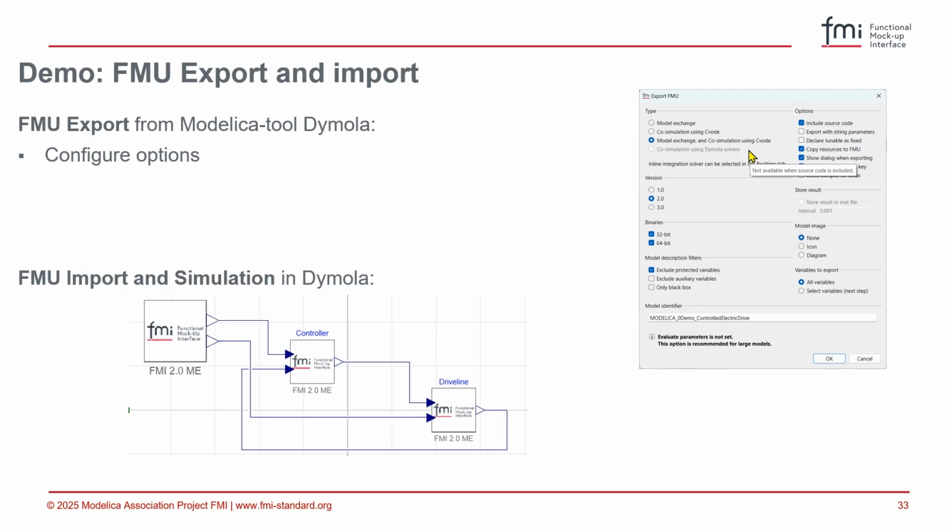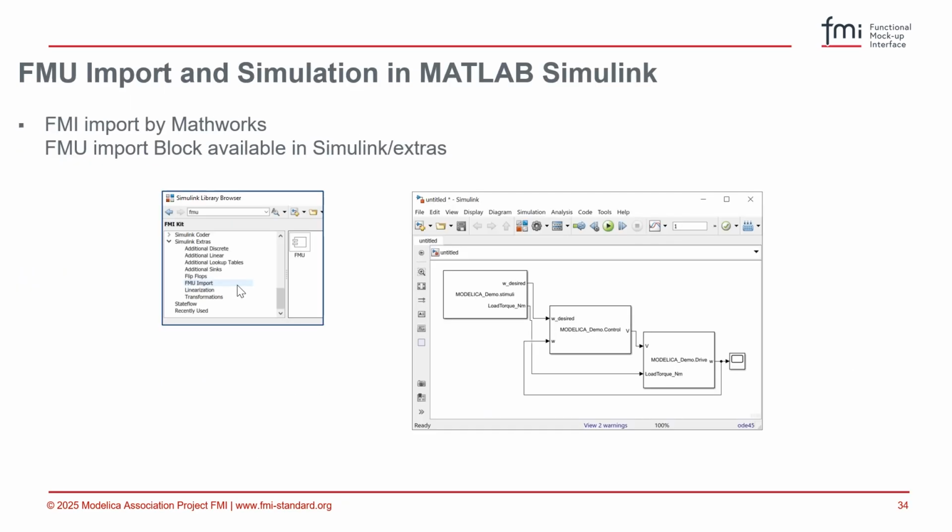And once you have exported the FMUs, you can then import them back into Dymola, connect the different FMUs, and there we will see then also the results. And we will also do the same, importing these FMUs created from Dymola. We can import them also, for example, in MATLAB Simulink.